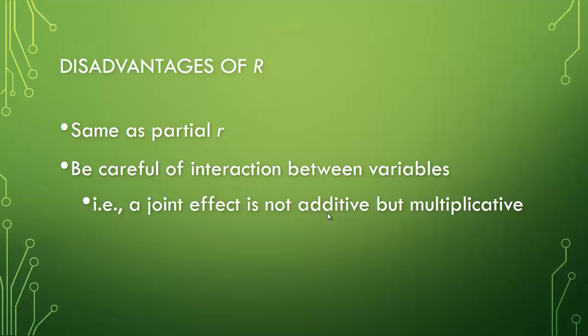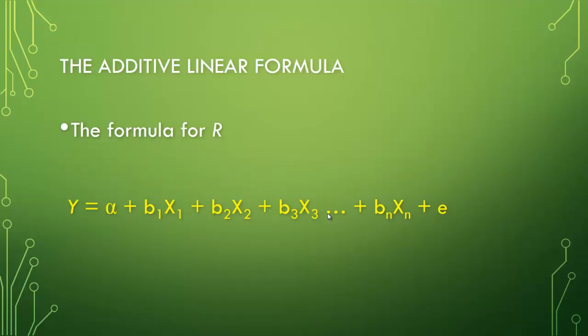Also, we need to be careful of multicollinearity and interactions between variables because joint effects are not additive but multiplicative. So it's very important that we tease out and isolate individual contributions when possible and look for interactions between variables as well.